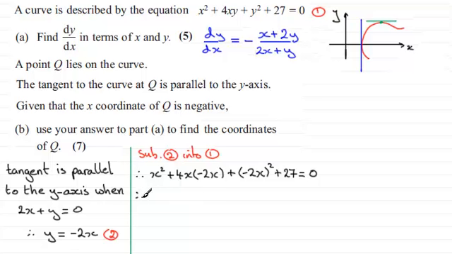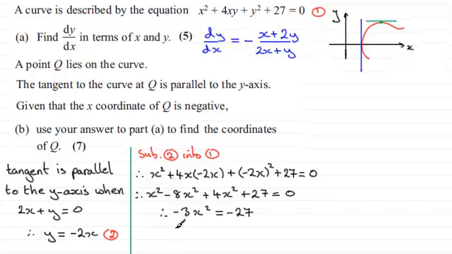Tidying this up gives x squared minus 8x squared plus 4x squared plus 27 equals 0. Grouping terms gives minus 3x squared plus 27 equals 0, and subtracting 27 from both sides gives minus 3x squared equals minus 27.